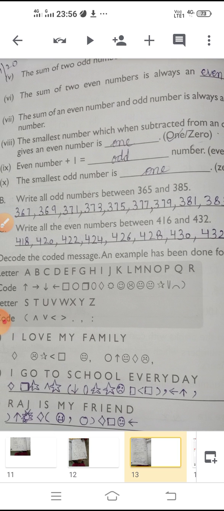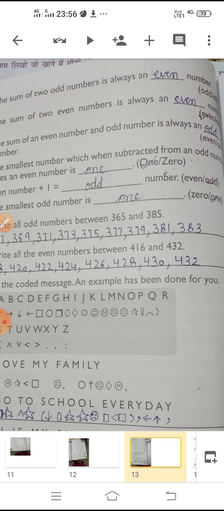Even number is 2 and odd number is 1. So 2 plus 1 is 3. So it will always come odd.